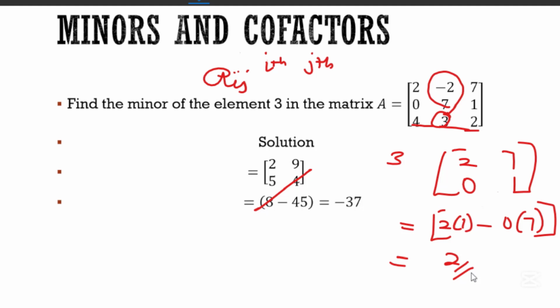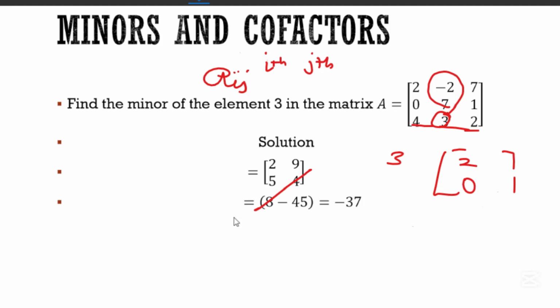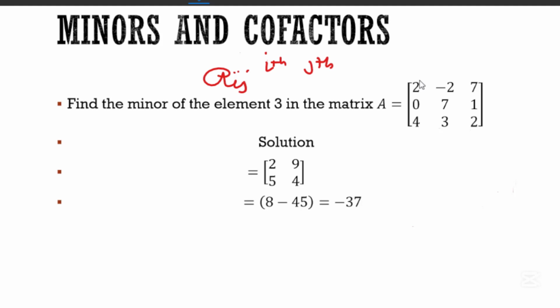Now let's take another question. Let's find the minor of the element 2. This is the element under consideration. So we delete all entries in the ith row of the 2 and the jth column of the 2. So we will have 7, 1, 3, 2.